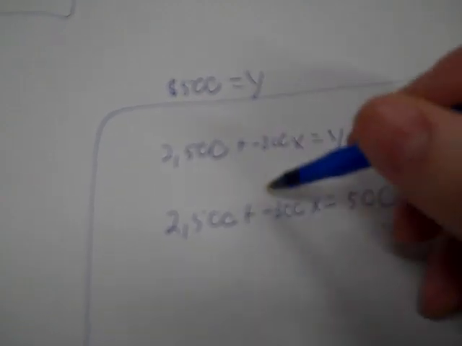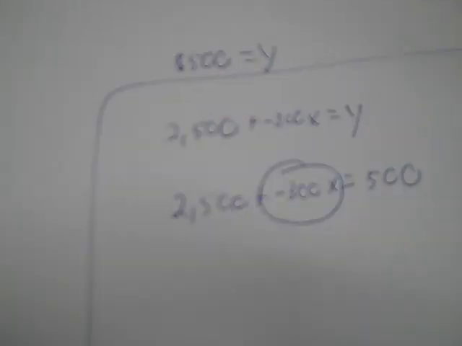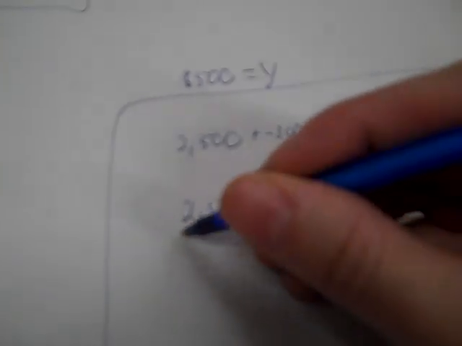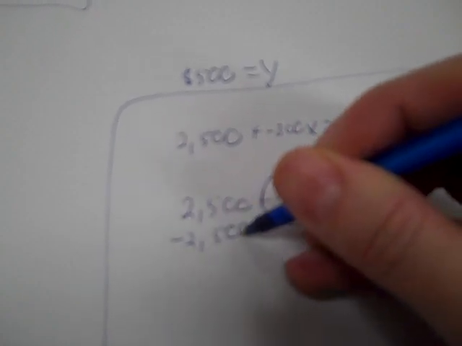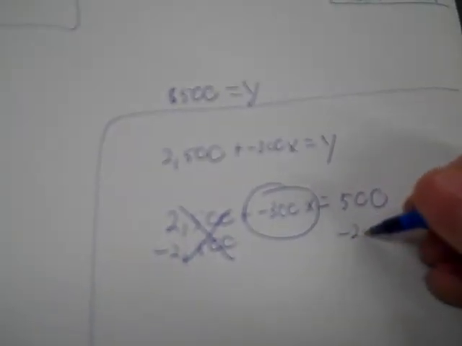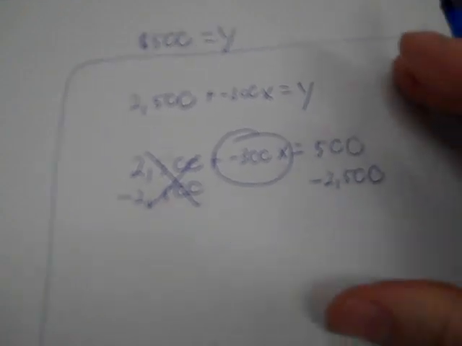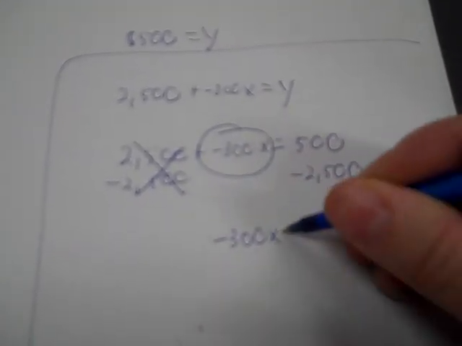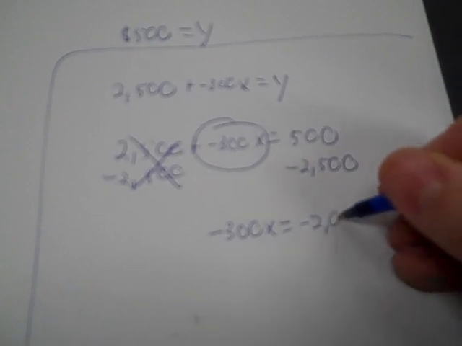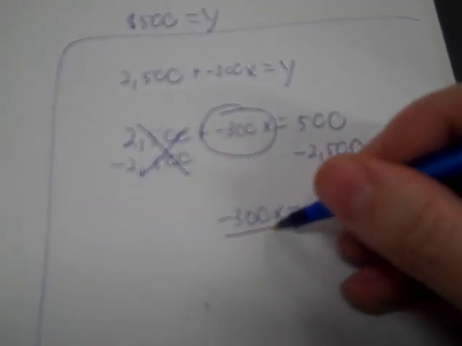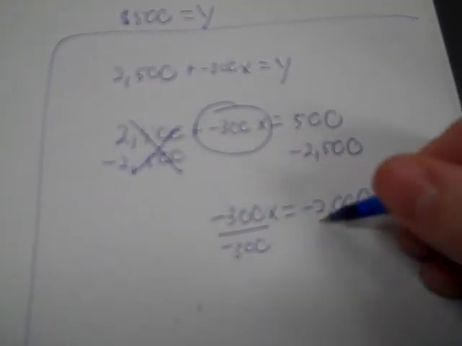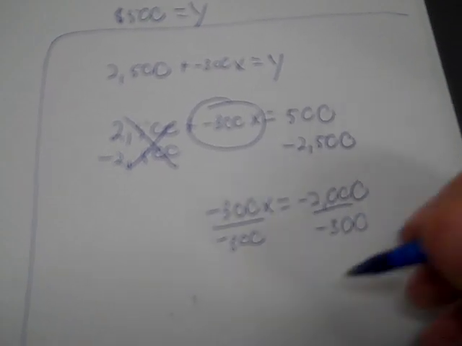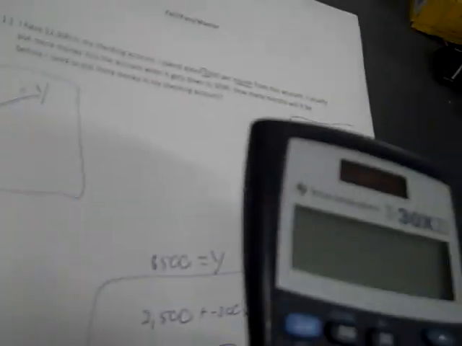Now remember, my X is being multiplied by negative 300. So first we have to subtract the 2,500 from both sides, and 500 minus 2,500 is going to be negative 2,000. Then I divide both sides by negative 300, and that's my answer.